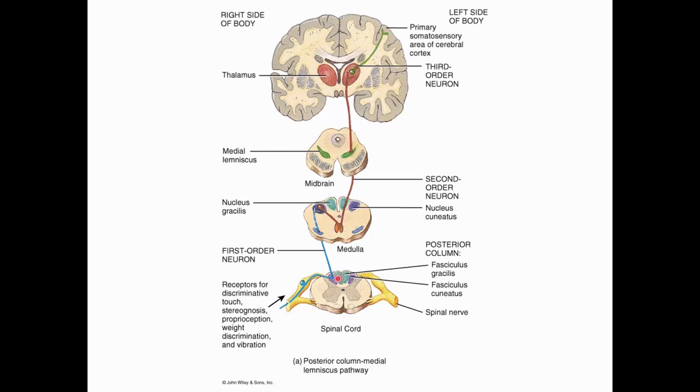So that would come in and rise in the fasciculus cuneatus, and then rise on the ipsilateral part of the body, synapse in the nucleus cuneatus, cross, we get contralateral representation. We go through the medial lemniscus, synapse in the thalamus, and project to the brain.